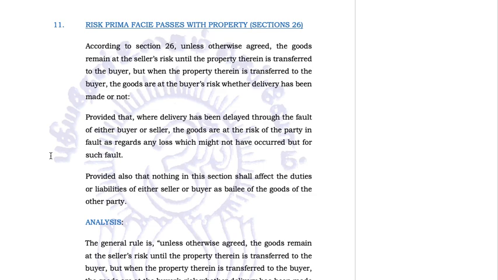Now, risk prima facie passes with the property. This is Section 26, which lays down a rule which says that risk passes with the property.